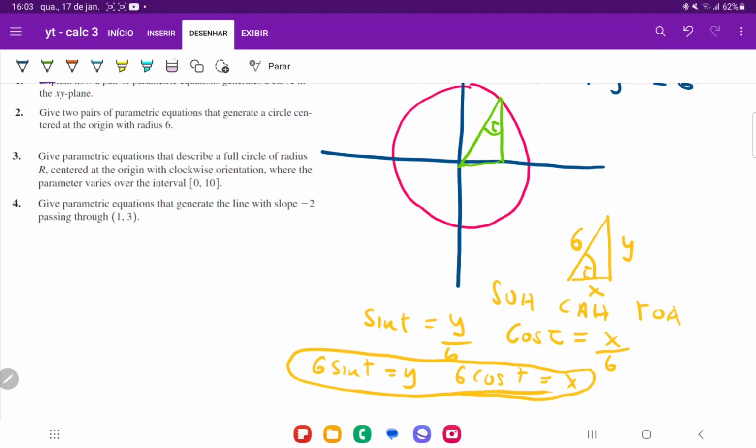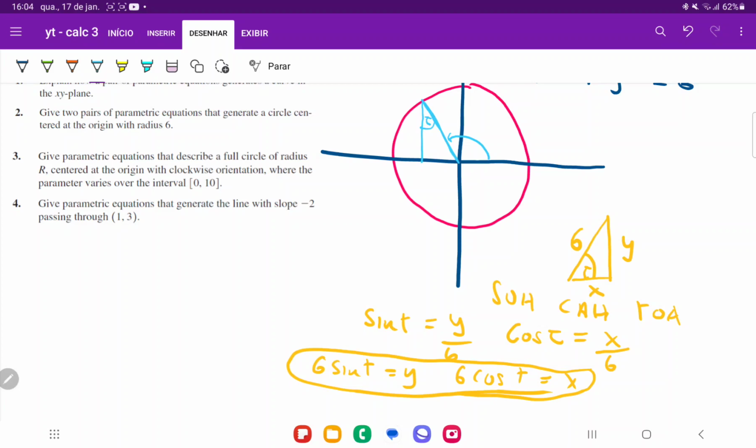For example, if you're at this angle, your reference angle, this would be t, normally, right? However, now we're going to make our reference angle be the vertical angle. That's going to be our t. So that's the second possibility.